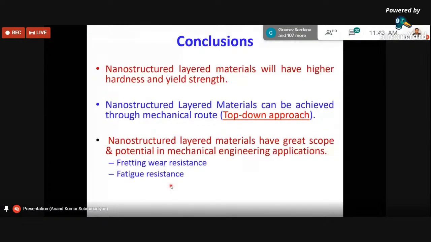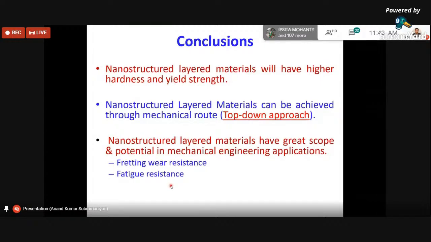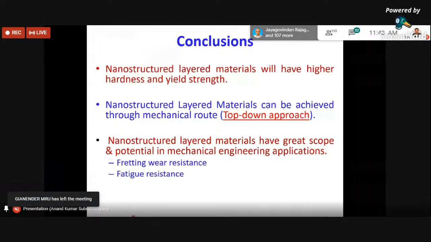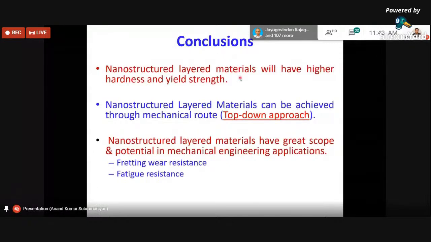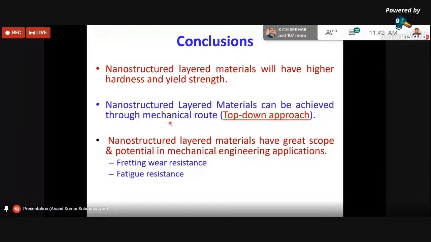Okay, fine. So finally, I think I'm on time and I have sufficient time for discussion also. This is how I want to conclude my talk today, saying that the nanostructured layer material has higher hardness and yield strength, and subsequently these nanostructured materials can be obtained by a mechanical route, that is, the top-down approach.